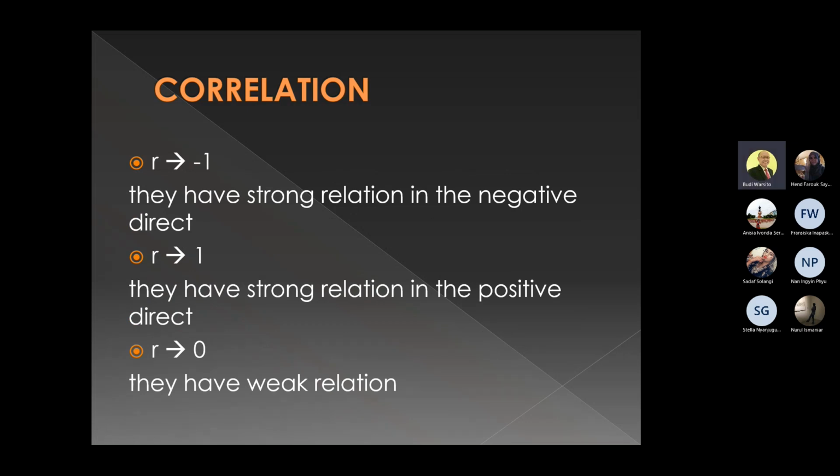If R is equal to 1, or -1, it means that the relationship is perfect.